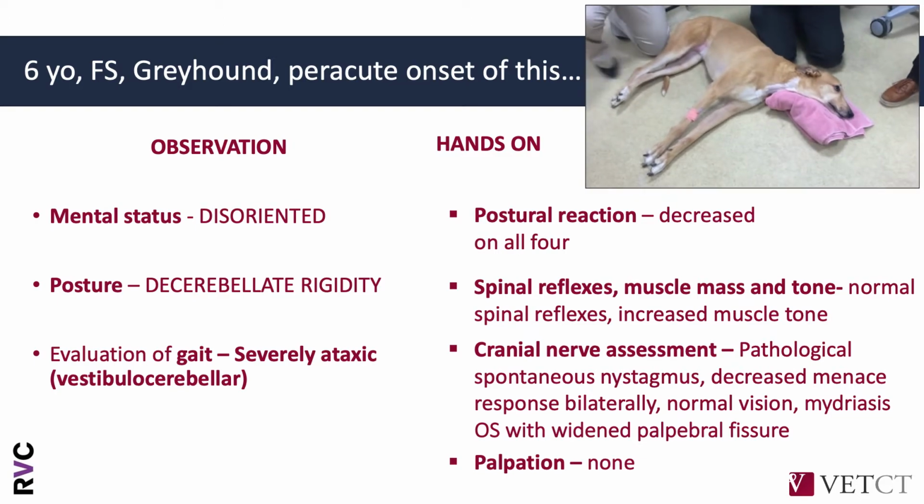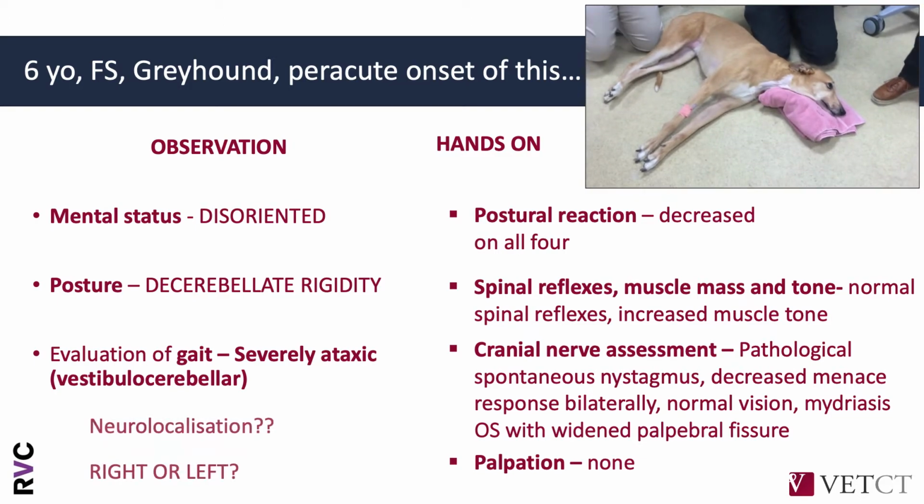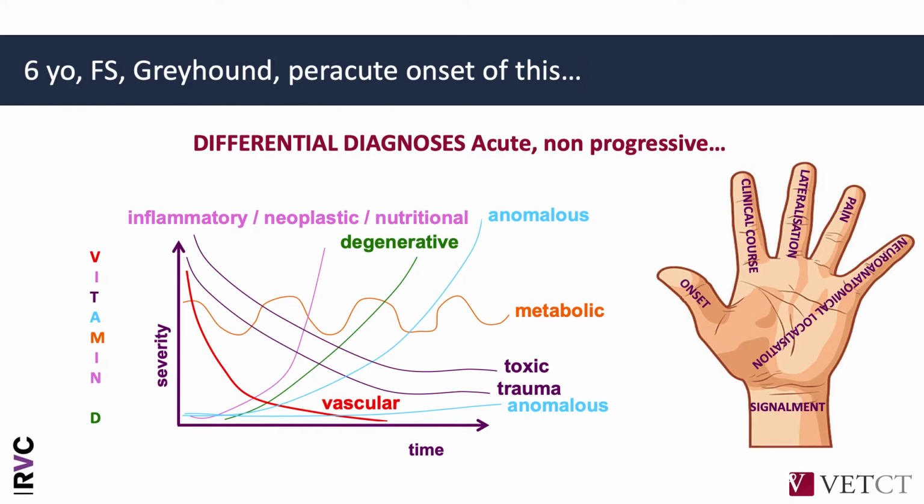So if we have to put it all together, then we have to try to neurolocalize based on this information. Do you see any signs of lateralization? Can we go more for right or left? As we said in the previous case last week, it's important that we use our clinical reasoning.